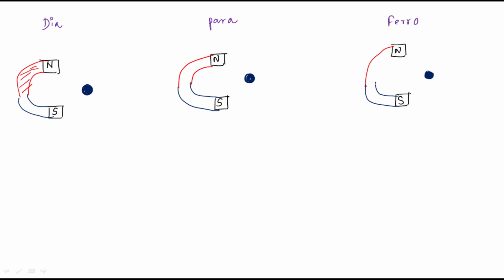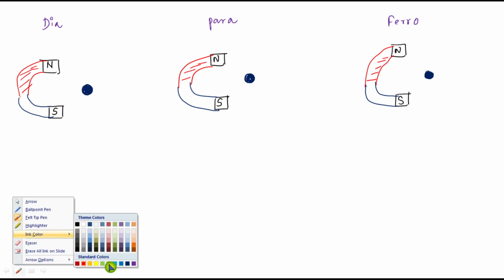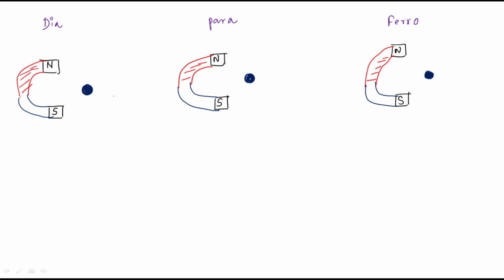So this is a magnet which is having north and south poles, and we have a material which is displaced by some distance. Then what is diamagnetic material?